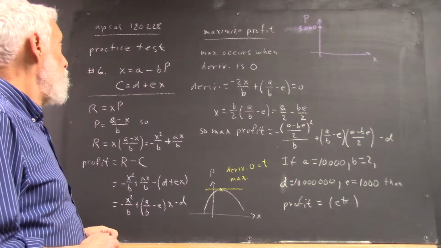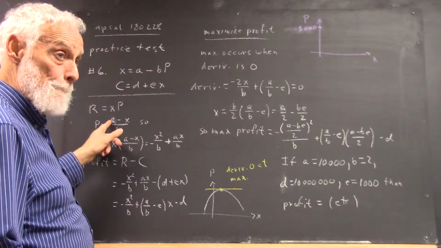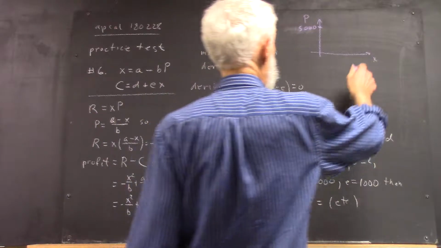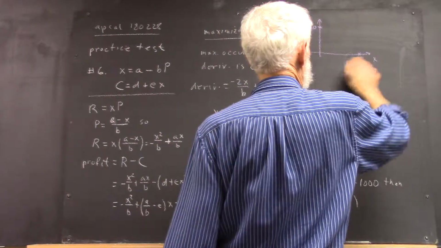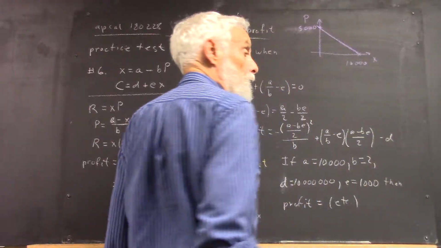Then the profit will be 0 when x equals a. So when x equals 10,000, that's going to be our horizontal axis intercept. There's our profit function.